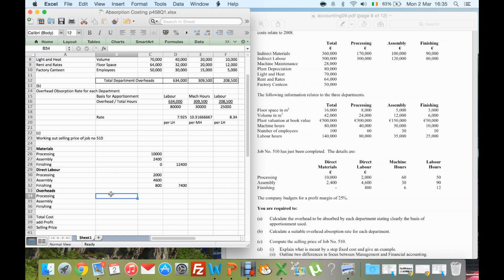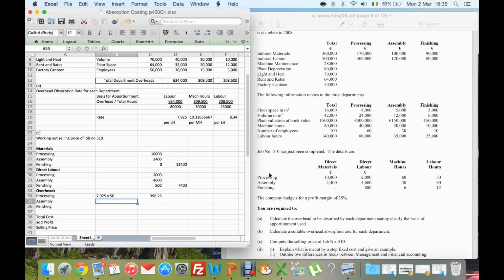So here I know that 7.925 has to be multiplied by the number of labour hours involved in this job. This job in the processing department is 50 hours. So it's the absorption rate multiplied by the number of labour hours in this job, which is 50.